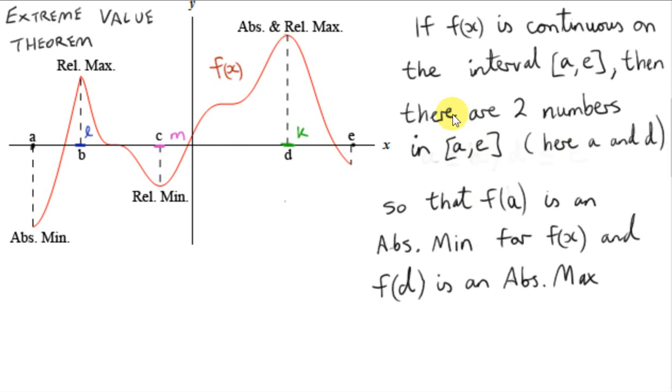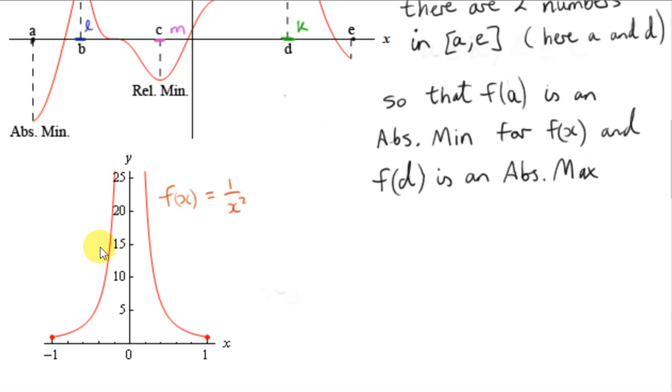Now, I won't prove this theorem in this video. Here's an example of a function which does not have absolute min and absolute max over a certain interval. The closed interval here is from -1 to +1. It's obvious that this function is not continuous on this interval -1 to +1. It's not continuous at x equals 0.